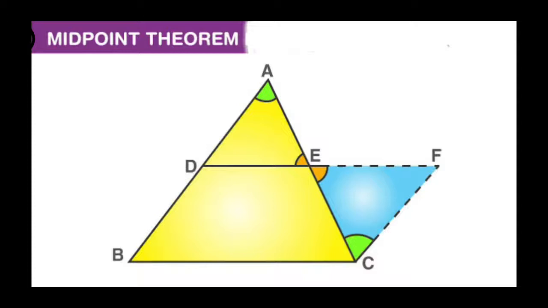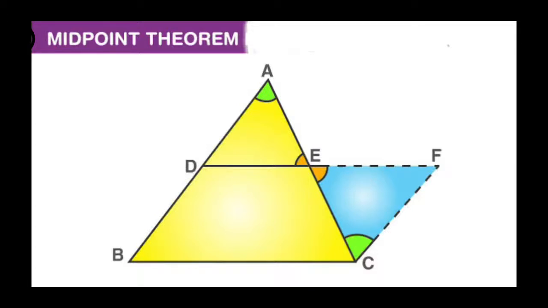To prove that DE is parallel to BC, first of all, we have to draw a line CF that is parallel to AB.